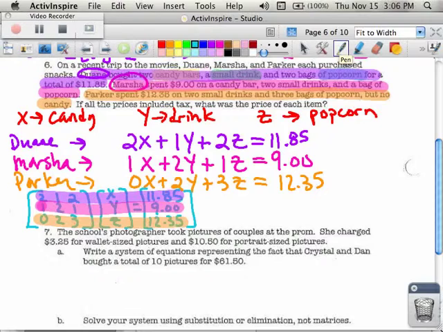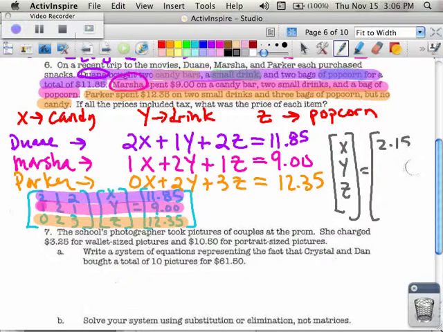When you solve this, your solution is going to be that your X, Y, and Z is equal to 2.15, 2.05, and 2.75. And what this means is that X, which is your candy bar, they cost $2.15 a piece. Your Y, which was your drink, cost $2.05 a piece. And Z, which represented the popcorn, was $2.75 a piece.